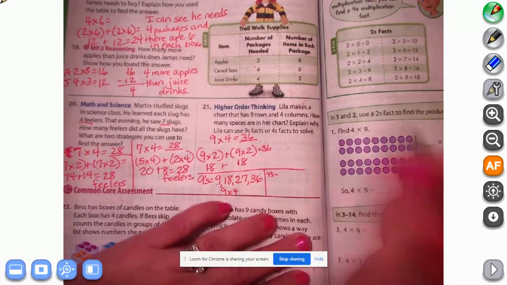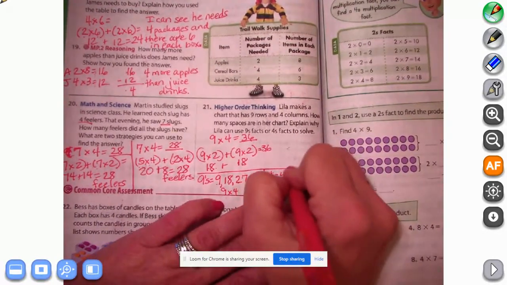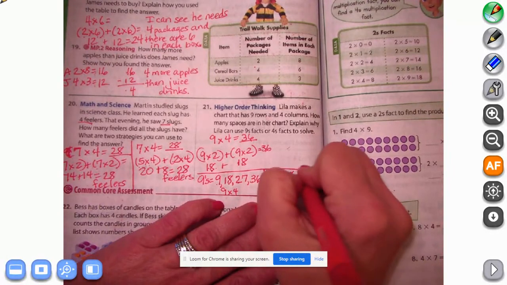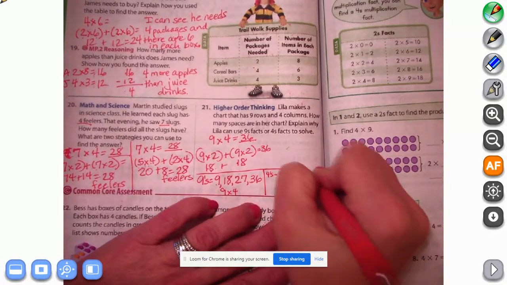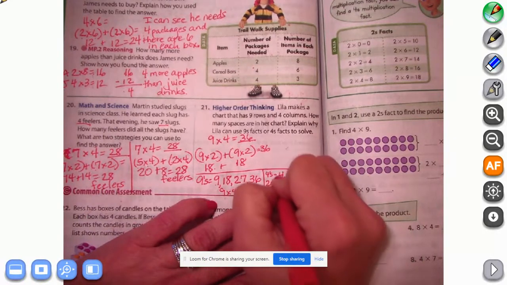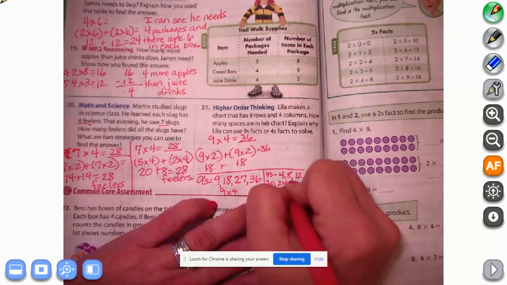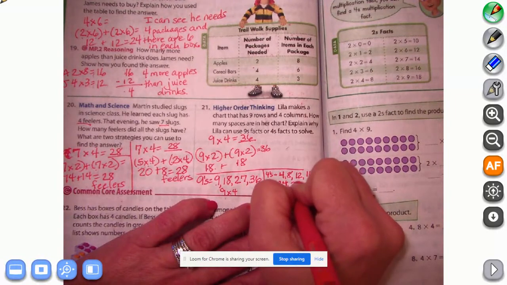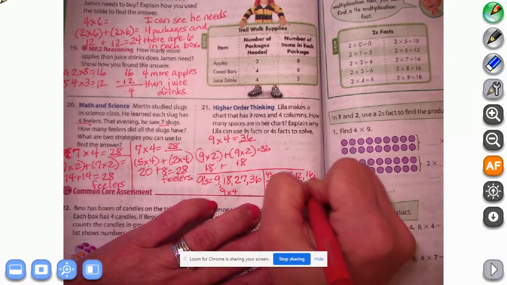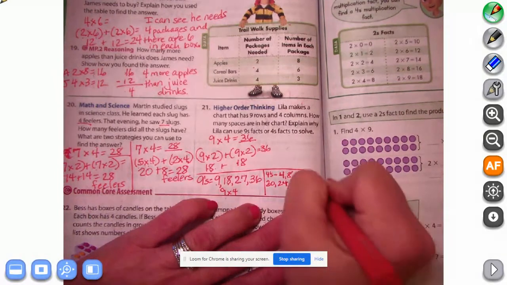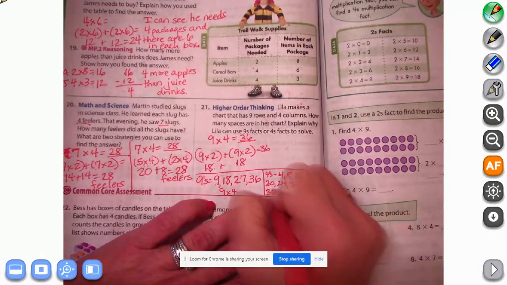Okay. 4, 8, 12, 16, 20, 24. That's 1, 2, 3, 4, 5, 6. We need 3 more. 28, 32, 36.